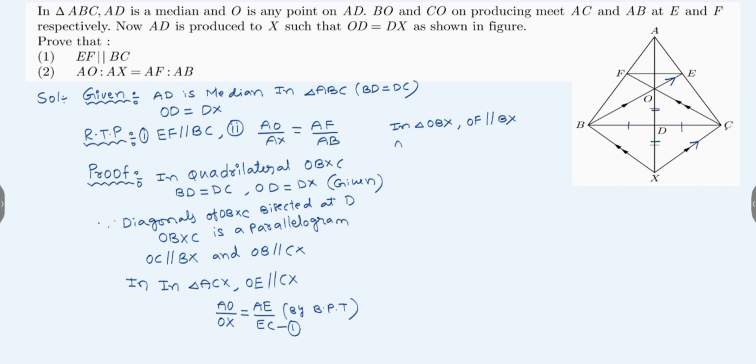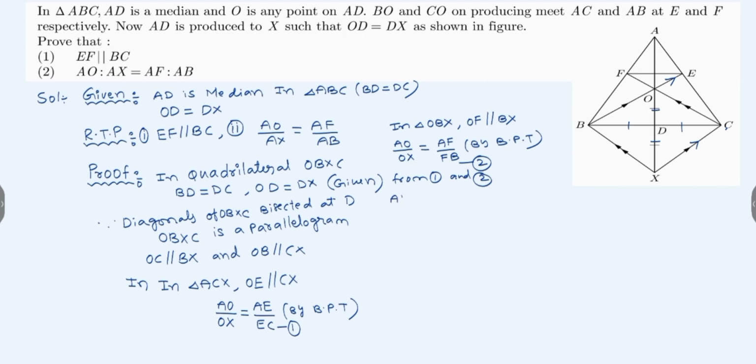Because already we know OC is parallel to BX because OC is extended to F. So by using same basic proportionality theorem, here we can write AO by OX is equal to AF by FB. This is equation 2.